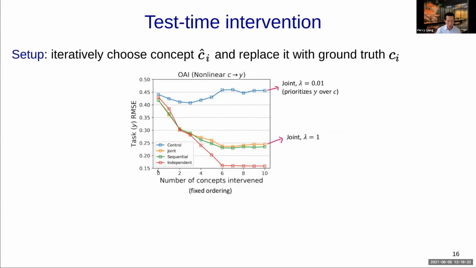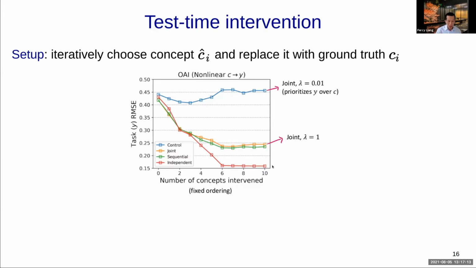This plot shows what happens as you intervene on more and more concepts. At test time, the model first predicts concepts, which could be correct or incorrect. Then we replace them with ground truth concepts, simulating an ideal doctor who knows the correct answer. We see that if you do independent training using a concept bottleneck model, sure enough, the error rate goes down, which is expected because you're using more and more correct concepts.